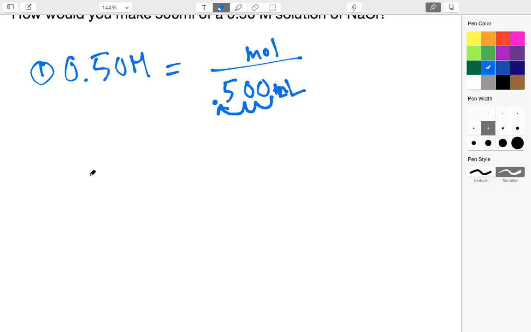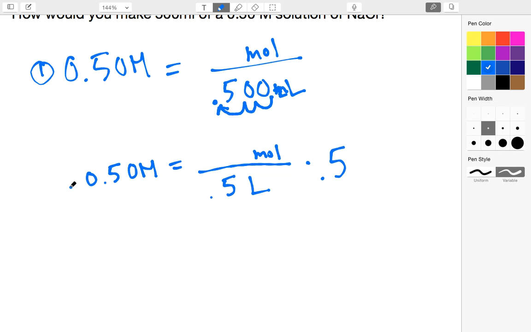So let's make that prettier. 0.50 molarity equals moles over 0.5 liters. Right? So if I want to solve for how many moles I have, I just multiply both sides by 0.5.